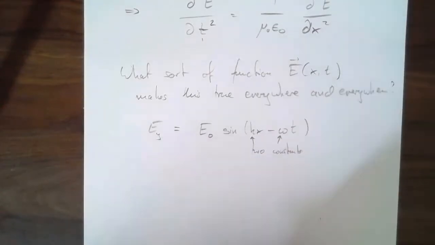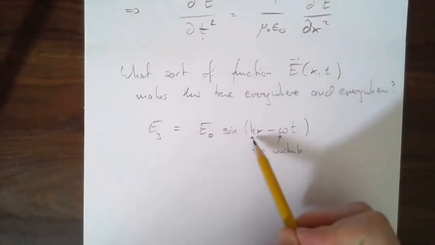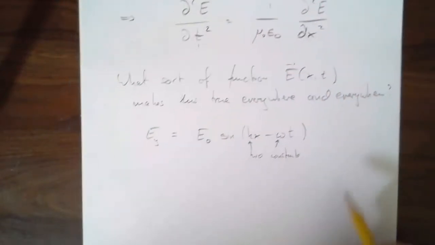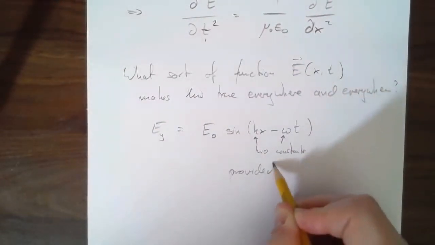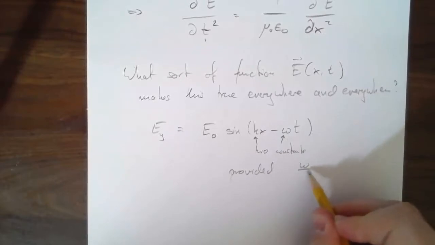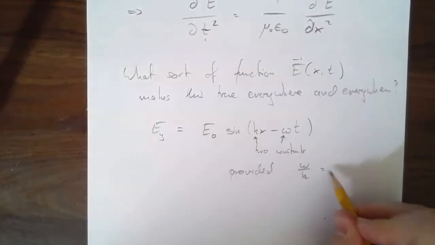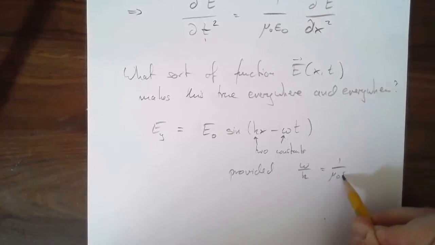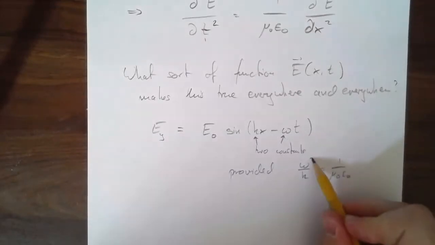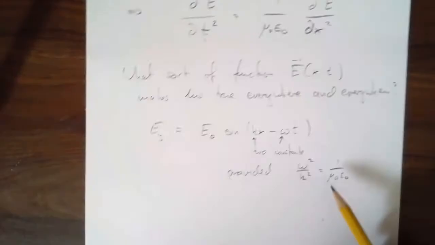I've skipped a few bits here, especially about directions, because we just care about the basic idea. You can check that this is a solution, provided omega over k, squared, is equal to 1 over mu naught epsilon naught. Oh, sorry, this squared. You can check.